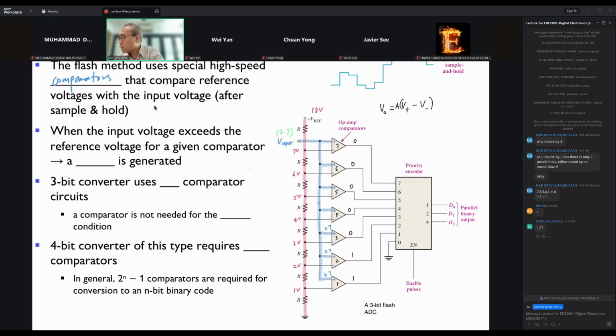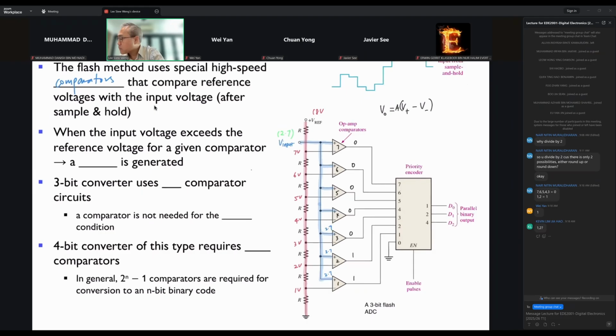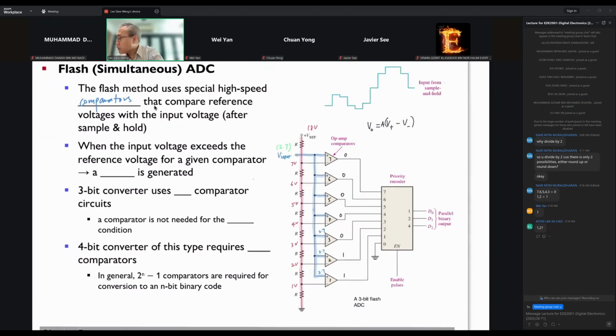Which will go into an encoder, then give you the output here. So 0, 0, 0, 0, 0, 1, 1. What this encoder will do is look for the highest comparator that gives you a 1. So the highest comparator here is the second one.